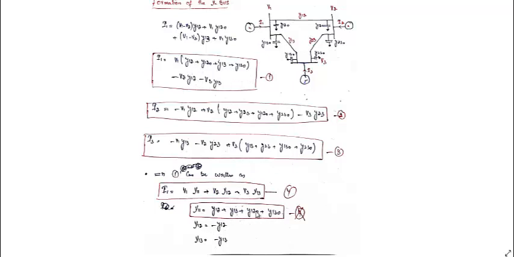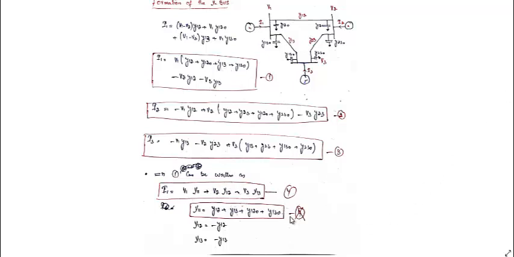Similarly, Y12 will be equal to minus y12, I have consumed this minus into this y12. Similarly, Y13 is equal to minus y13. So this is a modification of this equation into this equation.